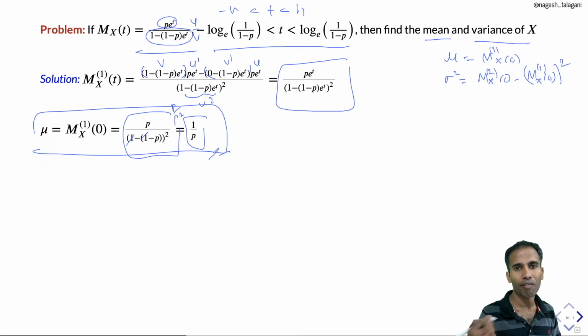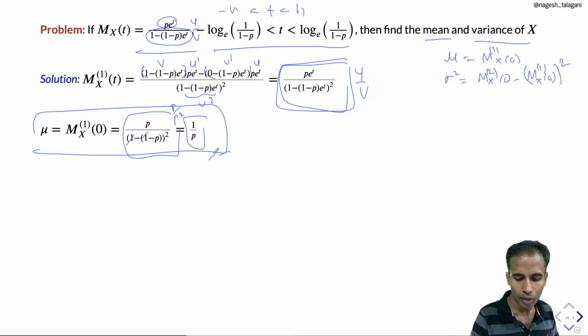Now to find the variance, again we need the second derivative of the MGF. To get the second derivative, let us differentiate the derivative of the MGF once more with respect to t. Again this looks like u by v form, so let's apply the u by v rule. Here u is p e power t and v is 1 minus of 1 minus p e power t whole square.